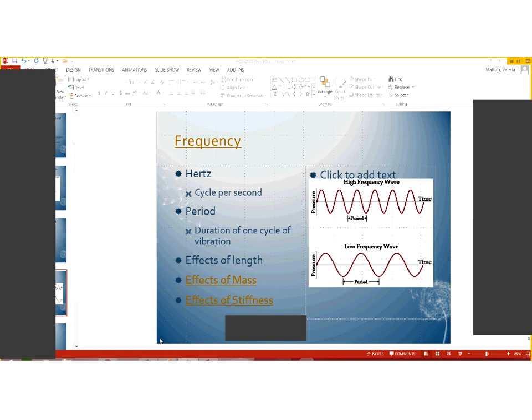We can affect it by altering the length of the vibratory source. We can affect it by changing the mass of the source that's vibrating, or the stiffness of the vibratory source. So let's start with length. You guys may be too young, I don't know, to remember swings that actually were chains, chain length.